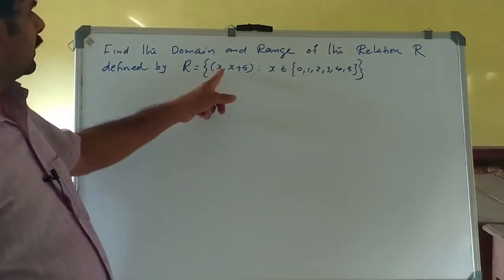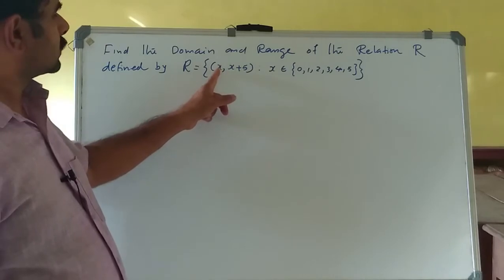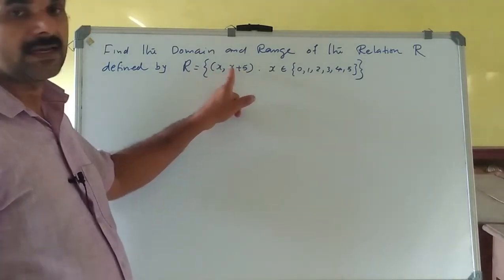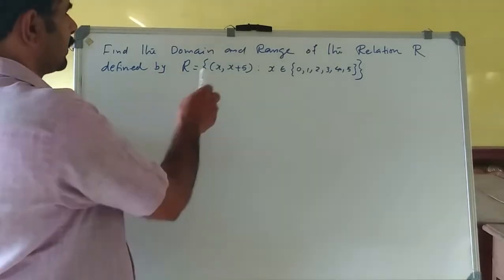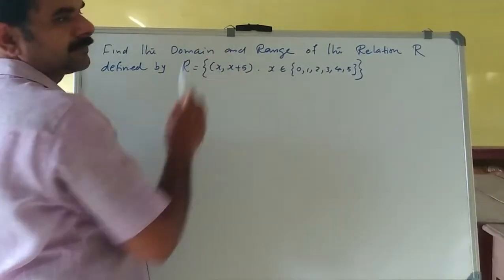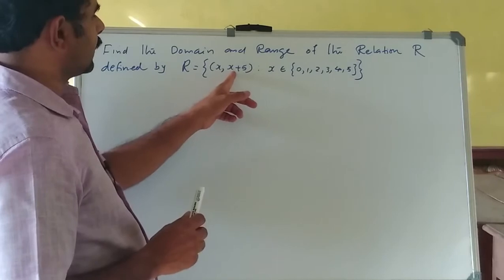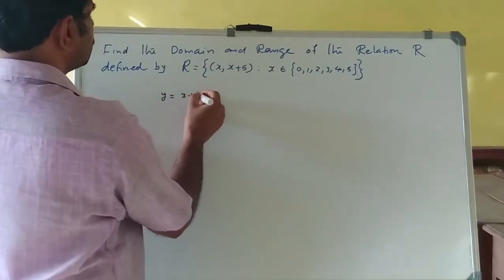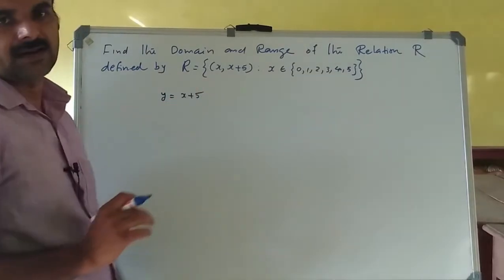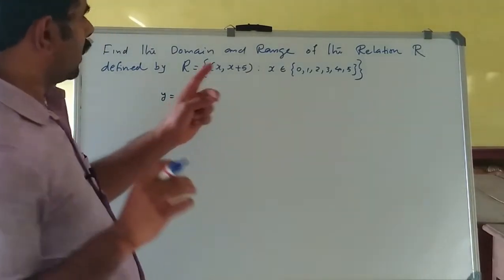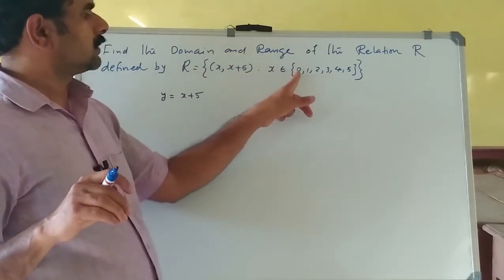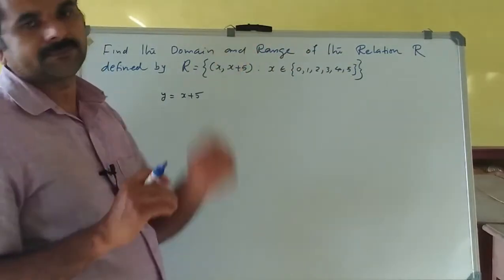The relation is (x, y), isn't it? First number x, second number y, and y is x plus 5. So this is the relationship, and you are allowed to take x values from the set 0, 1, 2, 3, 4, 5.